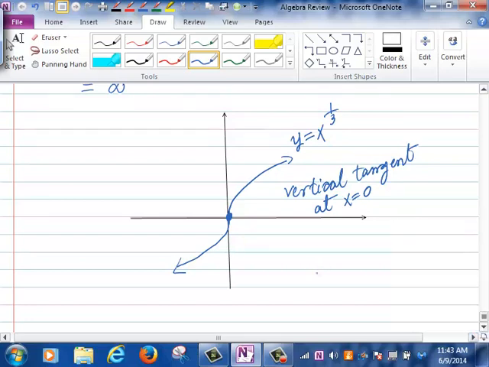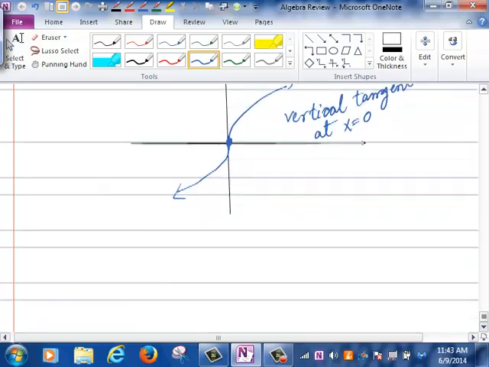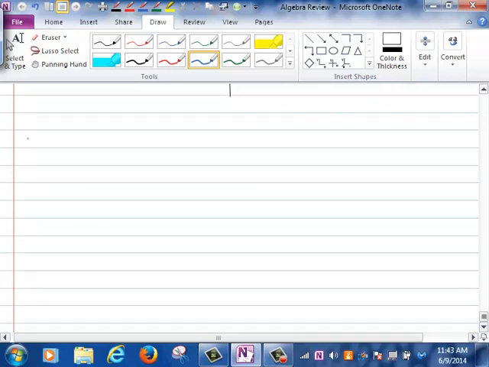Okay, let me give you another example. Let's say I have the function f of x equals x to the 2/3. And once again, f prime of 0 doesn't exist. I'm not going to compute the limit for you.